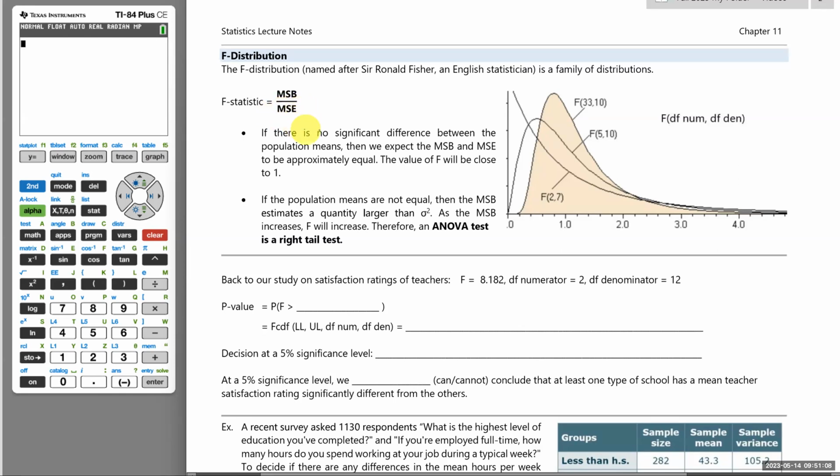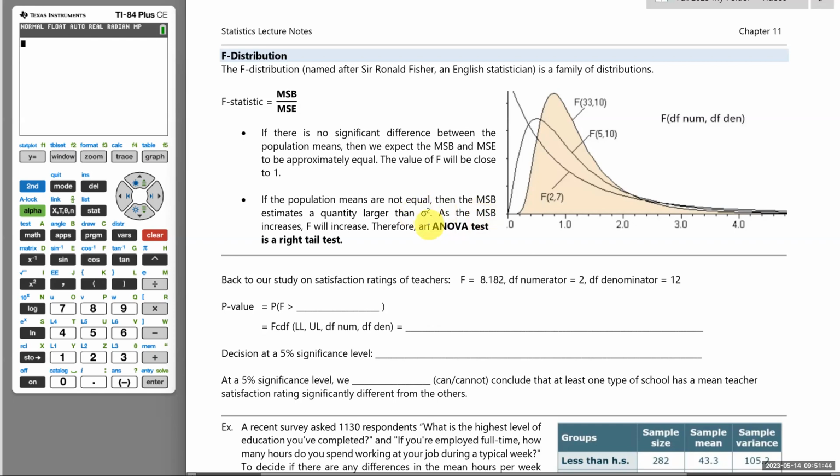So the way it works is that if there's no significant difference between population means for a group of populations, then we expect that numerator and denominator approximation for our variance to be about equal. And that would mean that the value of F is close to 1. However, if the population means are not equal, then the numerator, the mean square between, is going to estimate a quantity larger than the population variance that's common to these three populations.